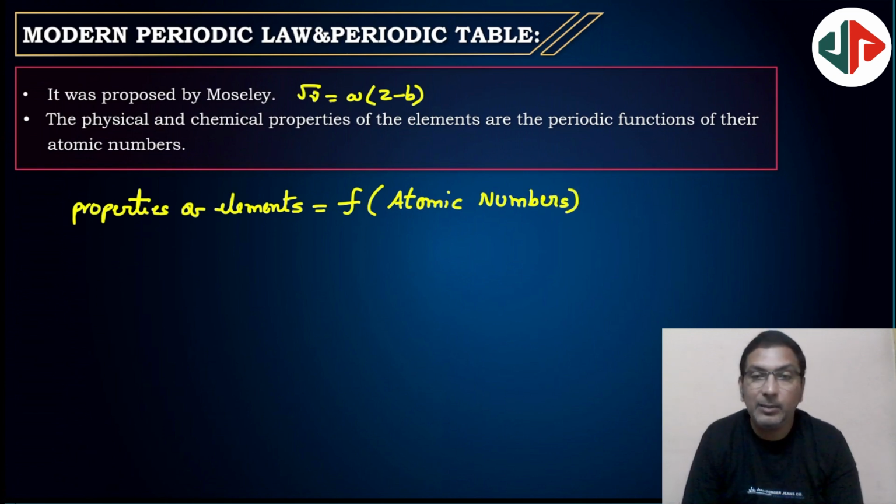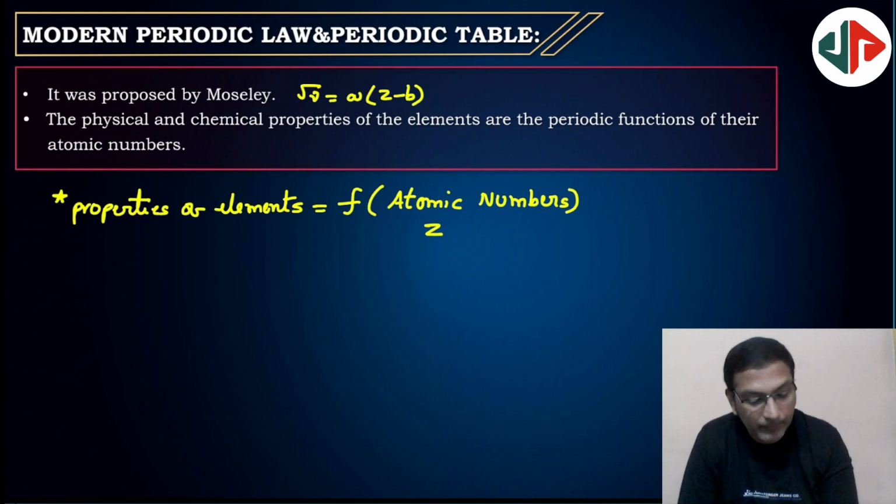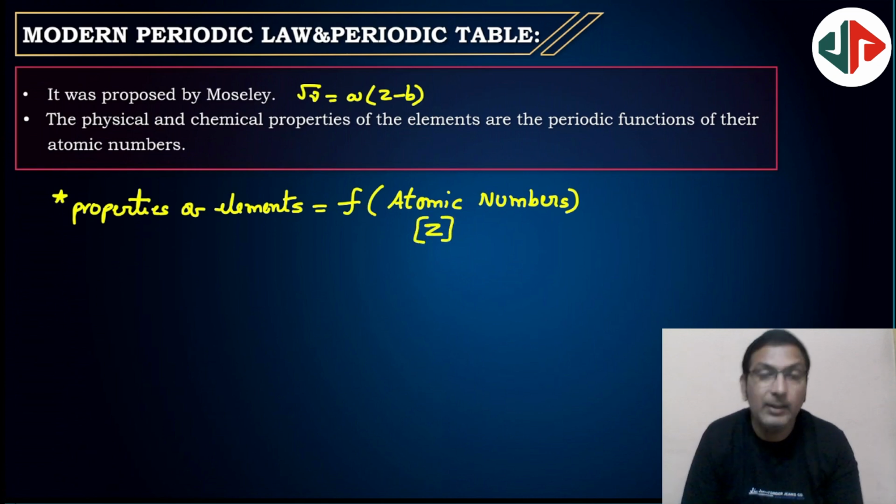So based on atomic number, we can predict the properties of different elements. That is the main property here. We can explain each and every property by taking atomic number as fundamental property.